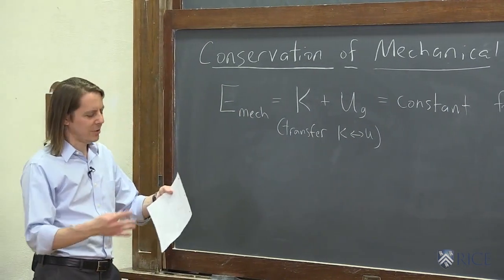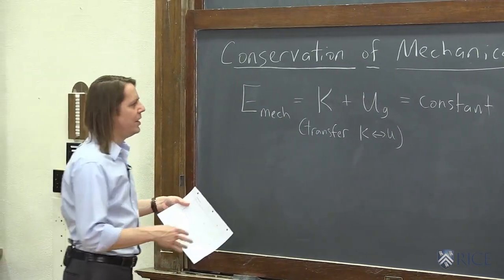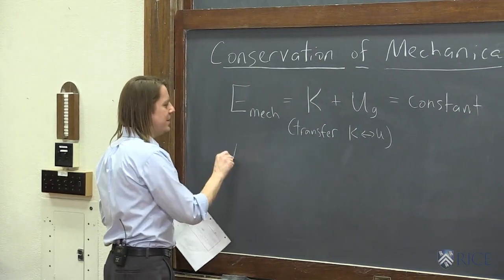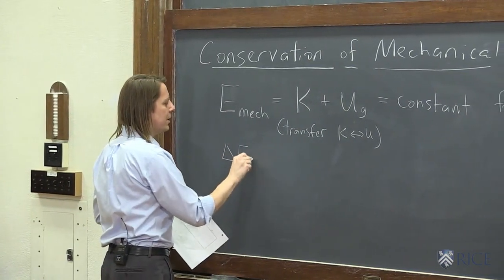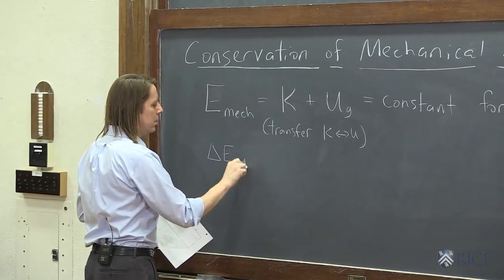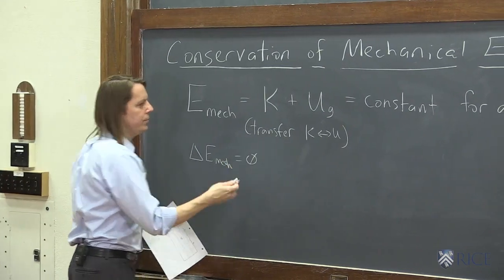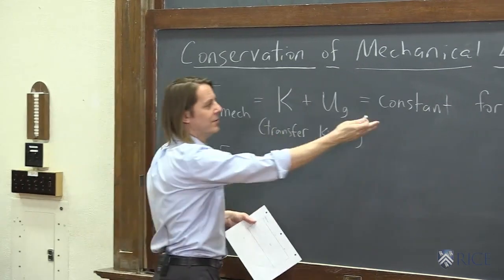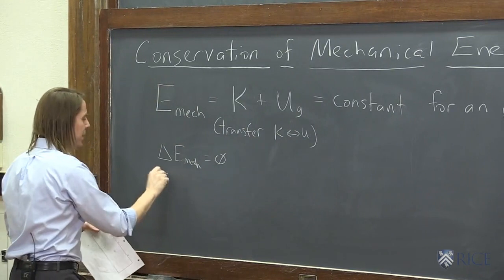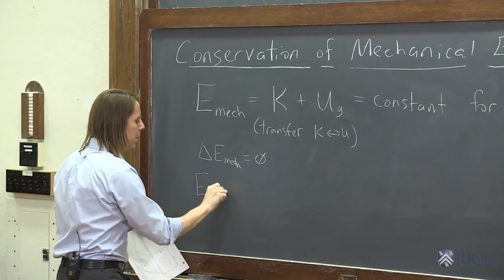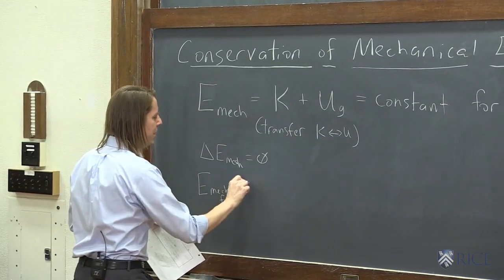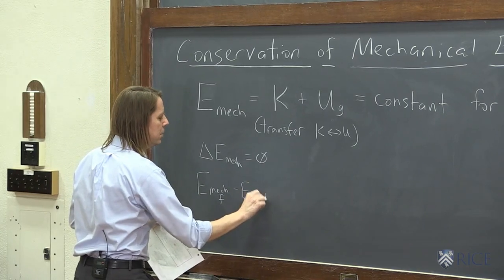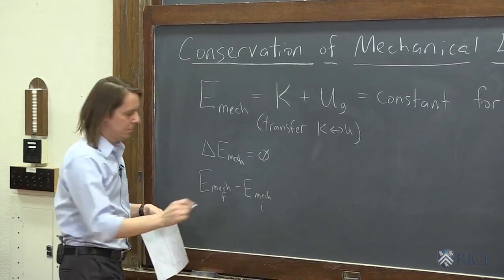Because it's a constant, we think of it in terms of changes a lot. So another way to say this is that the change in mechanical energy is 0. Same thing, right? If it's constant, that means we could write it this way. The final mechanical energy minus the initial mechanical energy is 0.